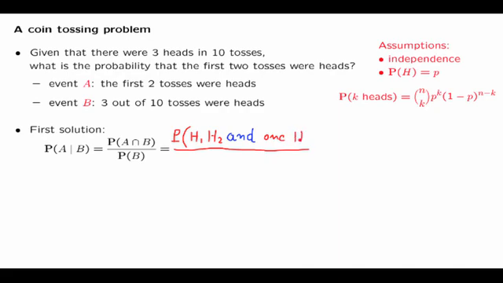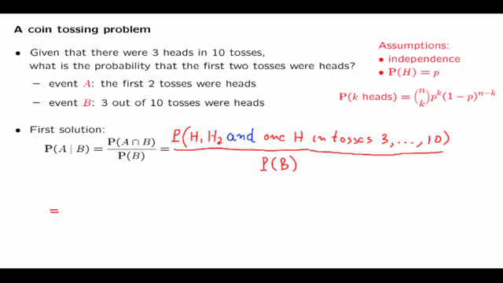So we have one head in tosses 3 all the way to 10. As for the denominator, let's keep it the way it is for now.